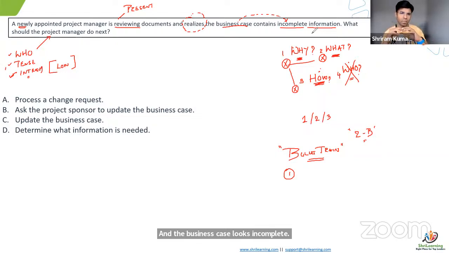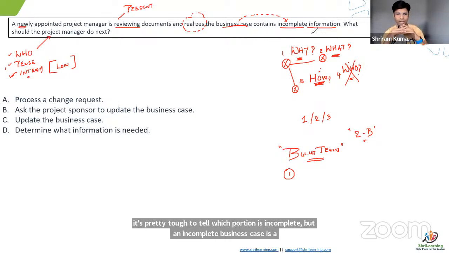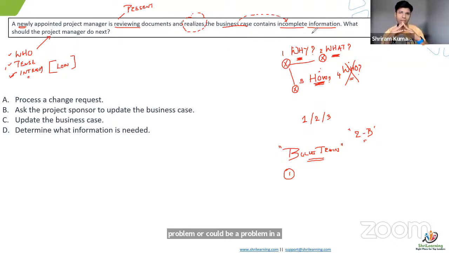What portion is incomplete is not clear here, so it's pretty tough to tell. But an incomplete business case is a problem or could be a problem in a project. That's the first thing. Because if an incomplete business case is approved and the project is started, after 40% of the project, the team doesn't know why we are doing this or what is the benefit out of this.